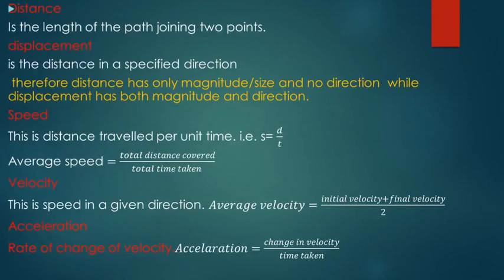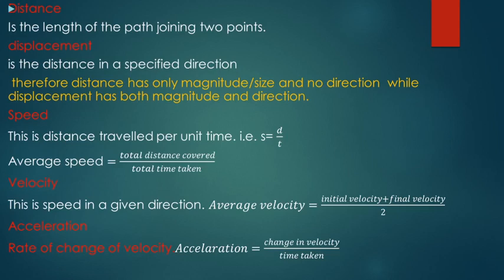Let's talk about distance. Distance is the length of a path joining 2 points. Displacement is the distance in a specified direction. And therefore, you realize there is a difference between distance and displacement.